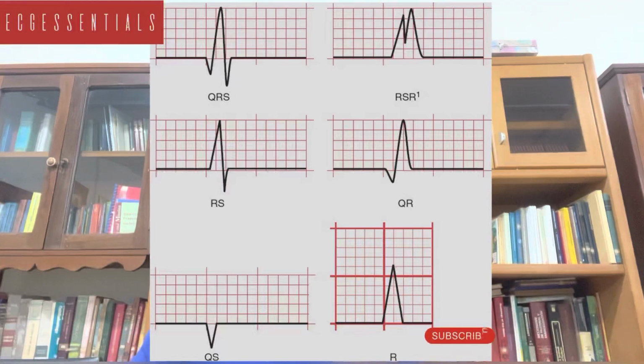So that is the RSR prime morphology of the QRS complex. Then we notice the QS that we talked about, that is just a single negative deflection, nothing else. Then we can also have just a single positive deflection, no preceding Q, no succeeding S. So that single positive deflection is called an R wave.